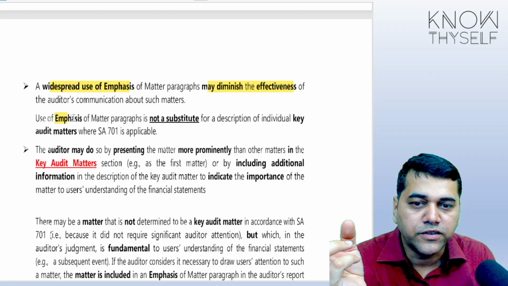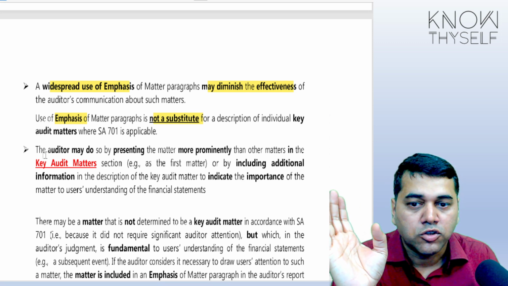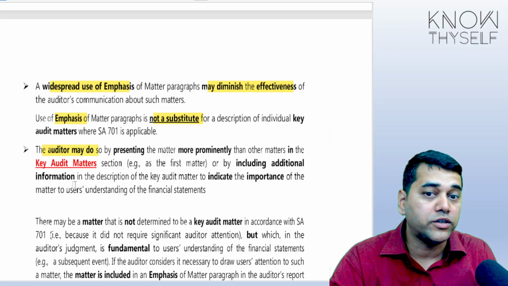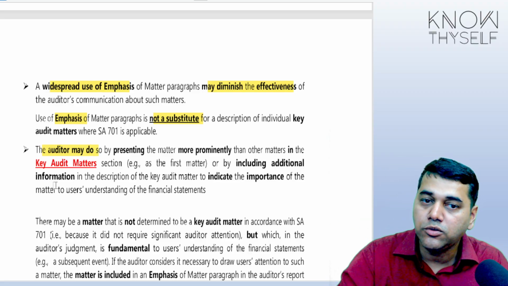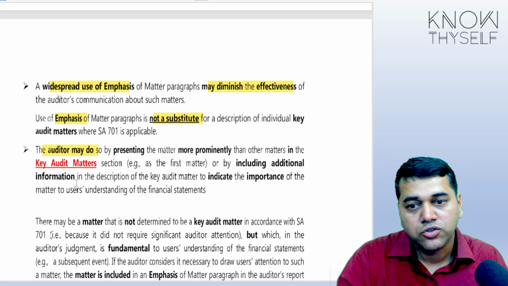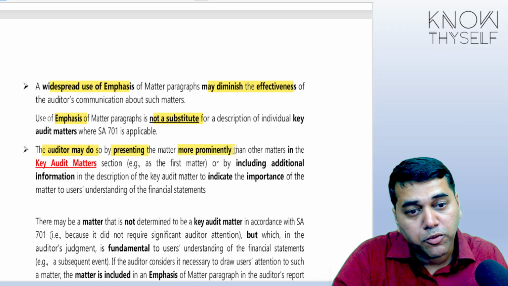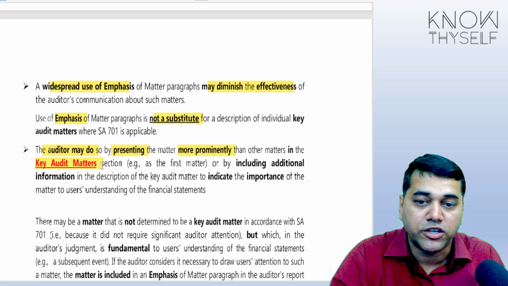So, the use of emphasis of matter is not a substitute for a key audit matter. The auditor may do so, but then how do you code this? If everywhere you say key audit matter, emphasis of matter, it is going to lose its importance. So, the auditor may do so by presenting the matter more prominently than other matters in the key audit matter section.